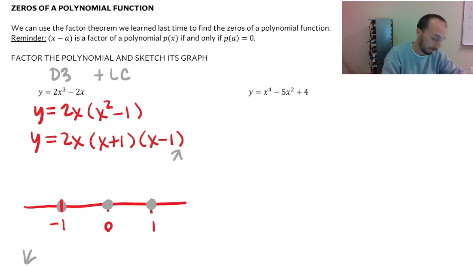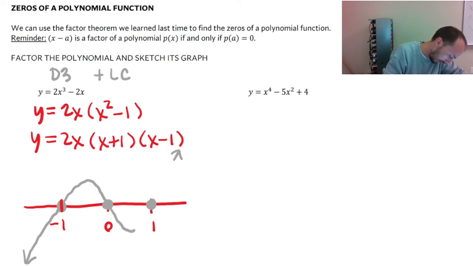If it's coming from below and has to pass through this point and come back to this one right here, then it's going to have to go up and then turn around. And in order for it to pass through here and then go back up and catch up with this end behavior up here, we're going to need to go back through like that. That's going to be a suitable sketch for our purposes.